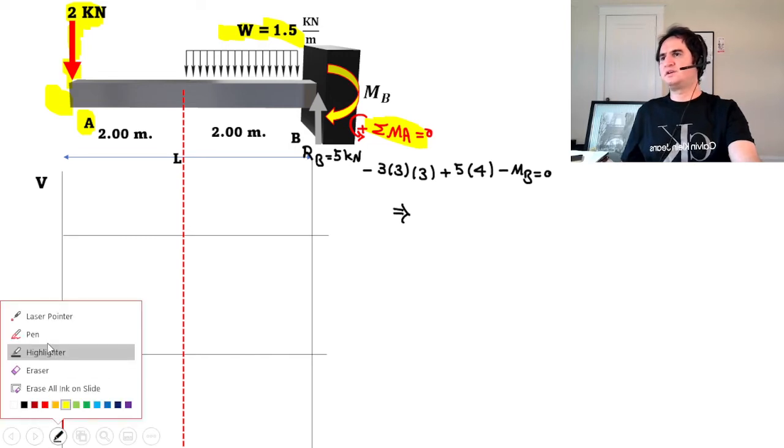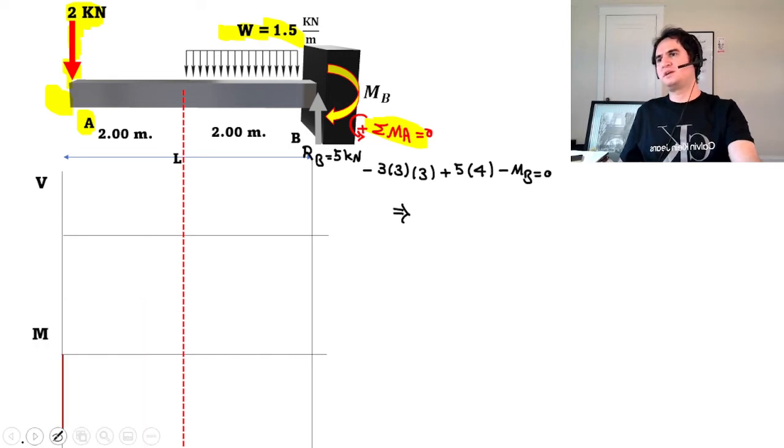So converting again the distributed load to a concentrated load of 1.5 times 2, it's 3.